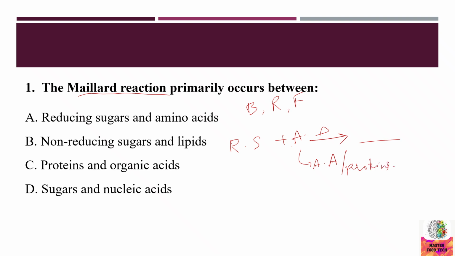And this reaction is responsible for the brown color and the flavor and aroma in foods like bread, coffee and roasted meat. So the correct answer would be reducing sugars and amino acids.